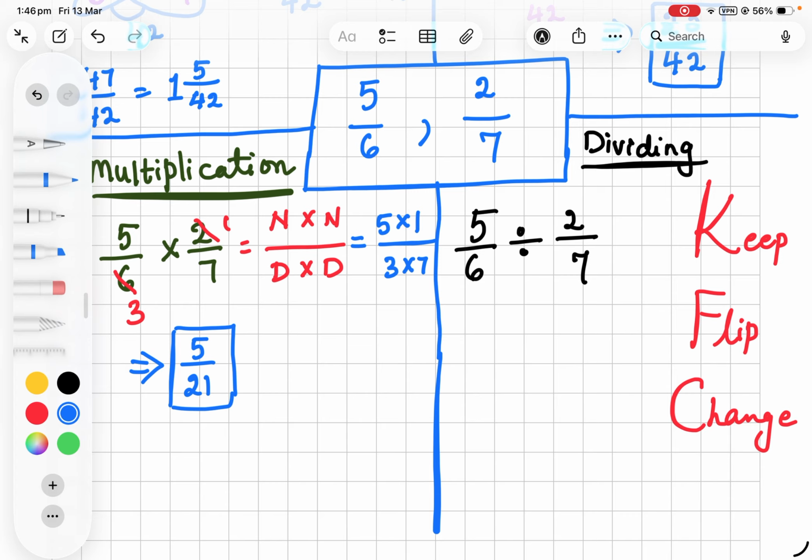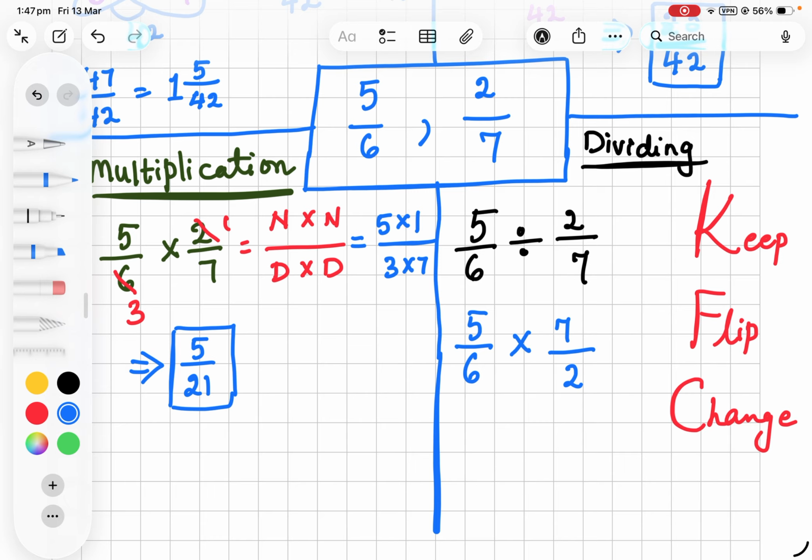So what are we doing here? We are going to keep the first fraction. We are going to flip the second fraction. And this flipping has a name. It's called reciprocal. When you flip a fraction, you get the reciprocal of the original fraction. So I flipped the second fraction, and now I'm changing the operation.